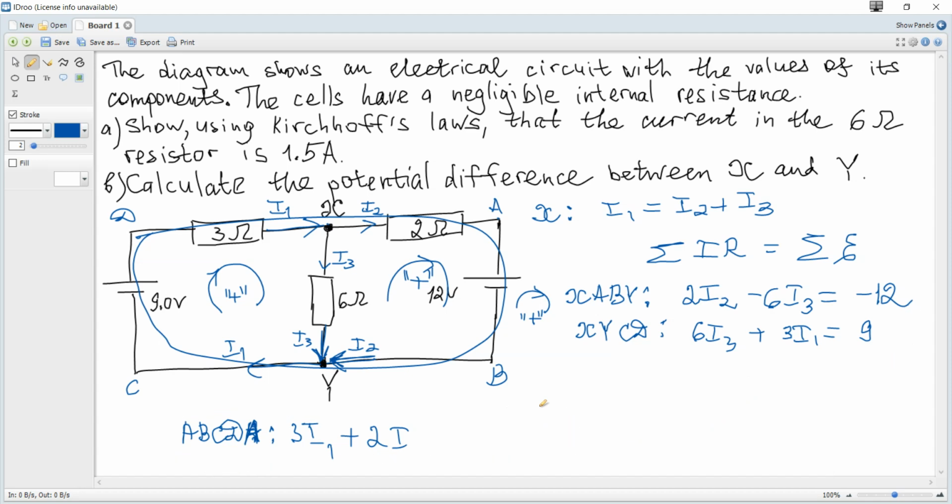How do we solve the obtained simultaneous equations to find the currents?